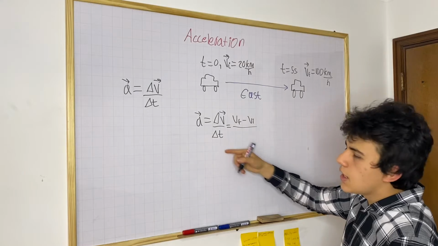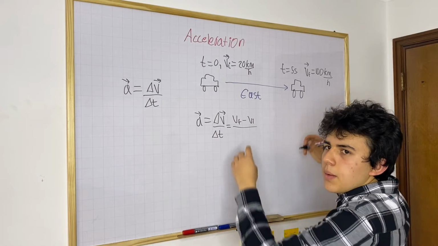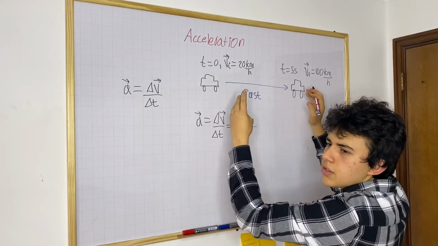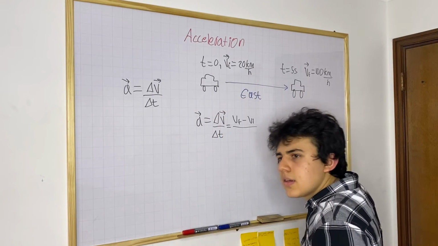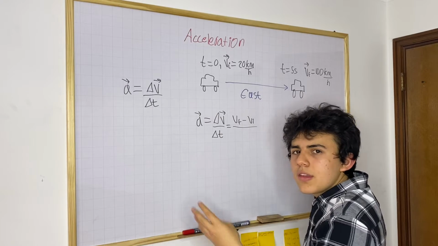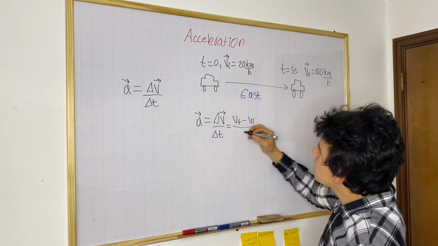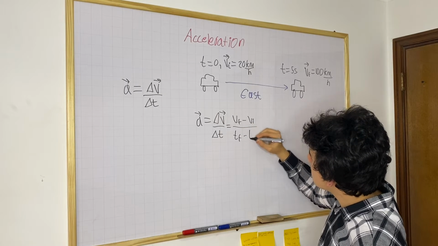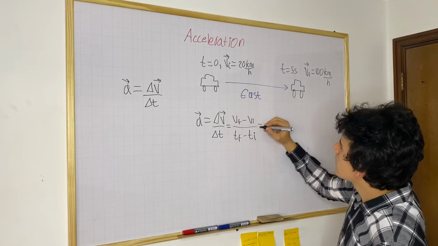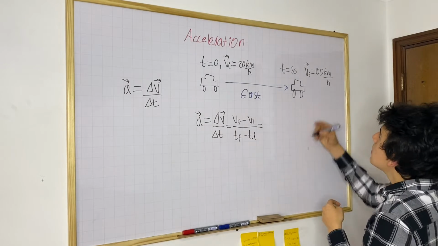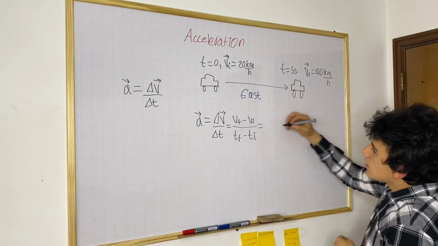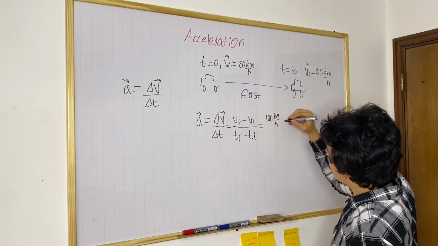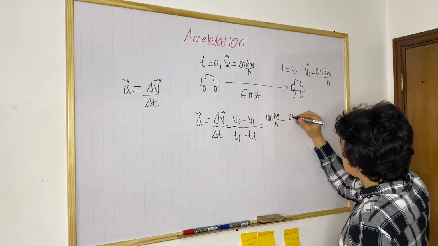And the change in time would also be the net period of time, how long this event was. That's what I mean. And this is also final time minus initial time. Now our final speed we knew was 100 kilometers per hour. Initial was 20 kilometers per hour.